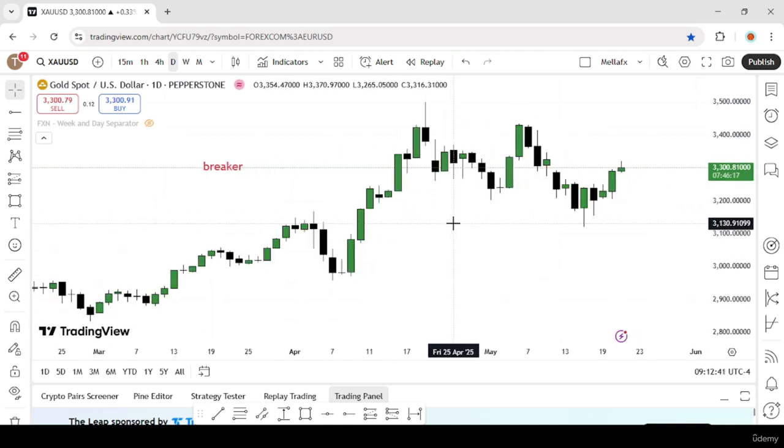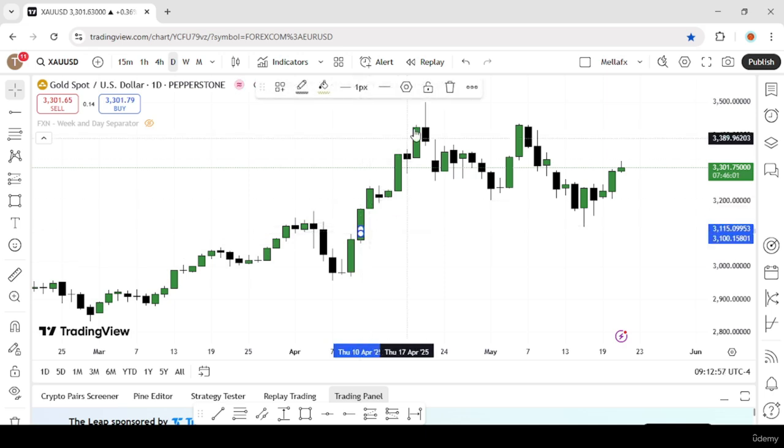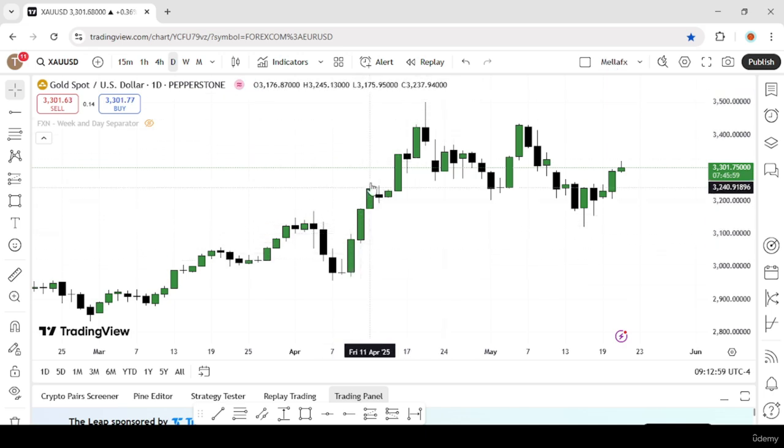In the video in which we were discussing order blocks, we said that, for example, this was an order block, but instead of the market coming back to retest this order block, we see that the market just went above and beyond this order block. So it's actually just a failed order block.